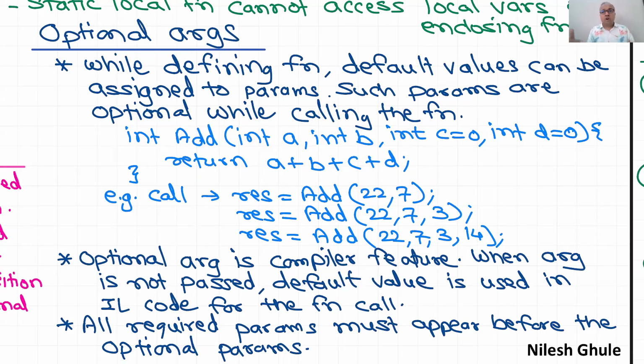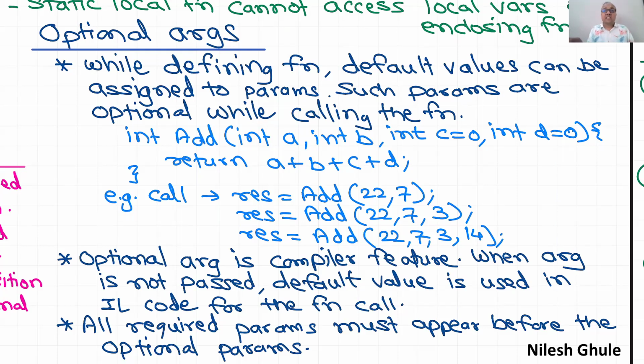And if default values are already given, then while calling the function, passing those parameters is not compulsory. Here is a simple example where the add function is taking two compulsory parameters a and b, while c and d have been given the default value 0, 0.